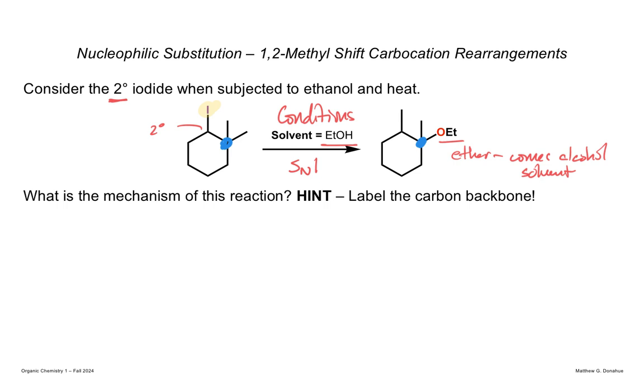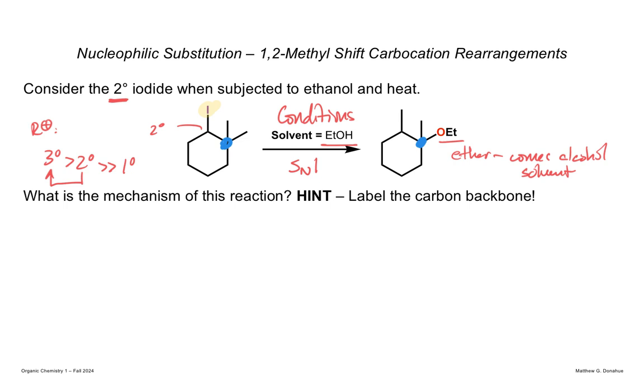The other sort of red flag about what we're starting with, since it's a secondary halide, the carbocation stability trend is tertiary greater than secondary, much, much greater than primary. So if you are starting with secondary, you have to look at the beta carbons to see if you can do a rearrangement. And so they only go the one way to form more stable carbocations.